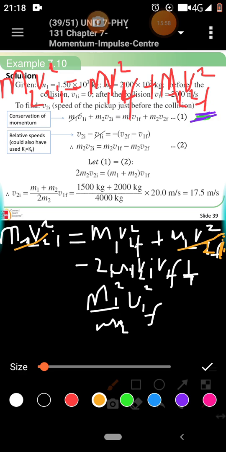So this will cancel this, and you cancel out and have 0 on the left side. Another thing that will cancel out is the m1, since there is another m1 here and here, but because it's squared, we will be left with just m1.